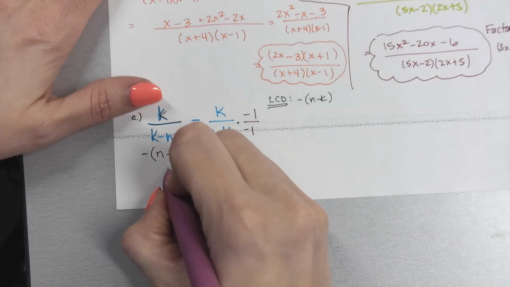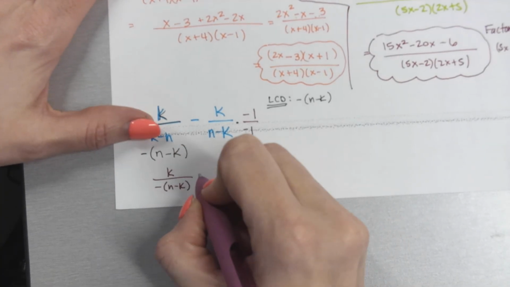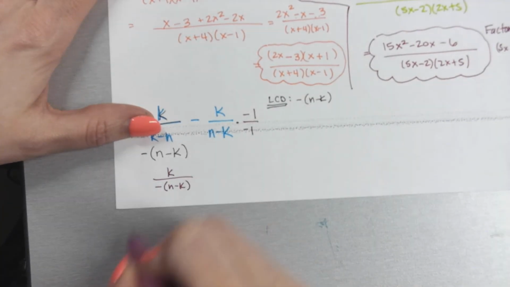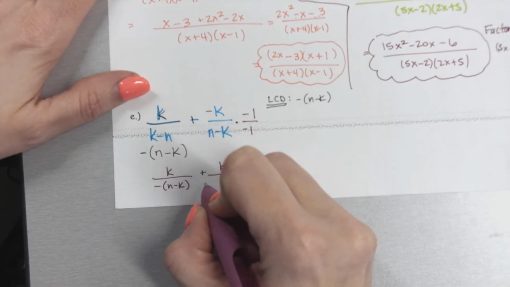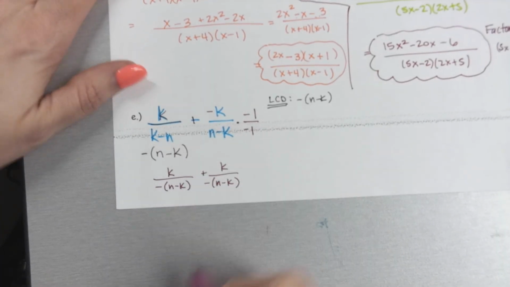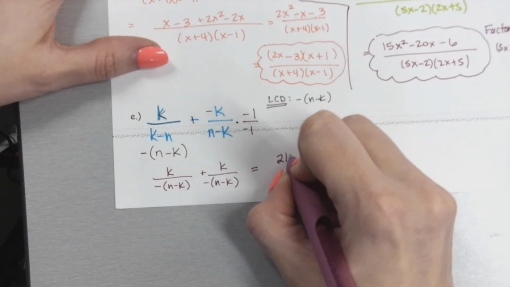Okay, so this is going to be k over -n minus k. And then a negative times a negative is going to be a positive over -n minus k. So once the denominators are the same, you can just leave it like this.